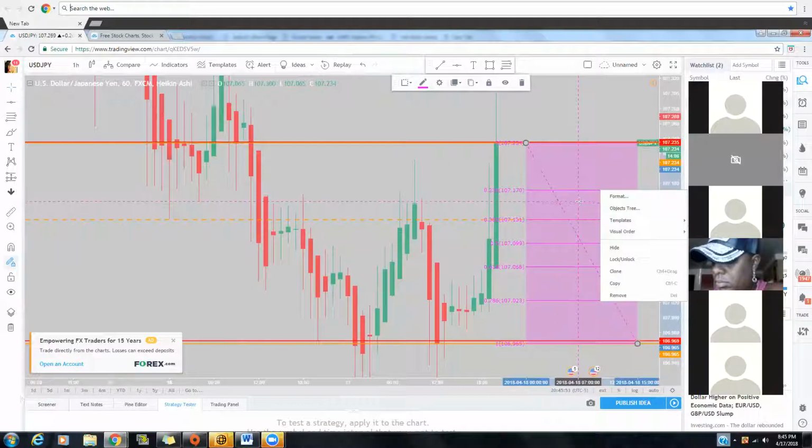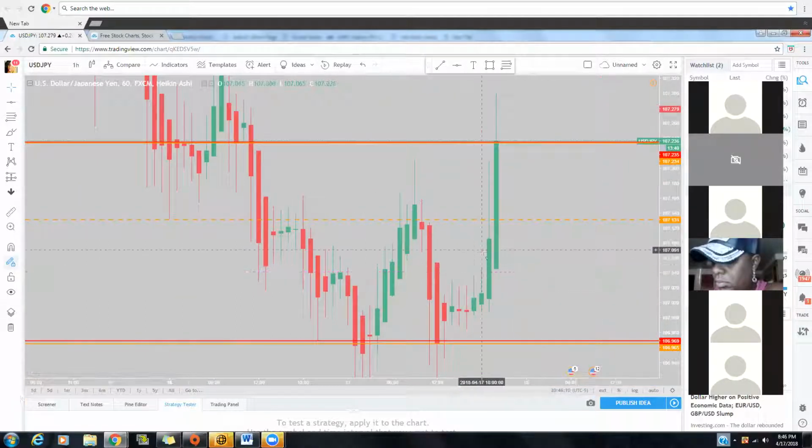Because the banks come in at a certain point, and then the banks and institutions come in, I believe at the, is it the 618, Chastity? I think the banks come in at the 618, and then somebody else comes in at the 50, and then we come in at the 382, because that represents exactly where the market is going to be at, or where the market is moving.